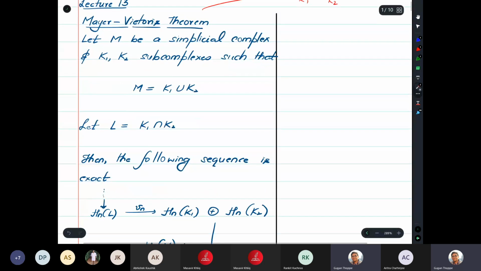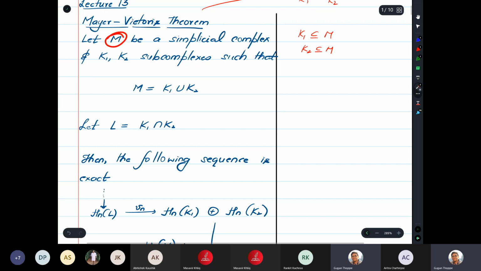So let's look at the formal statement of this Mayer-Vietoris theorem. Let M be some simplicial complex, and let K1 and K2 themselves be simplicial complexes such that K1 and K2 are subsets of M. A common word for this property is subcomplexes.